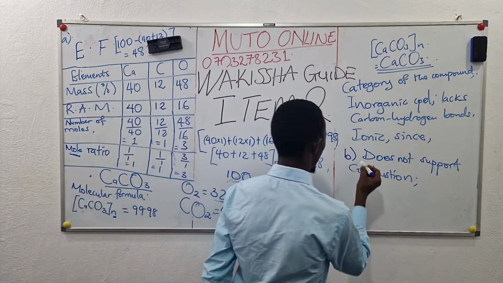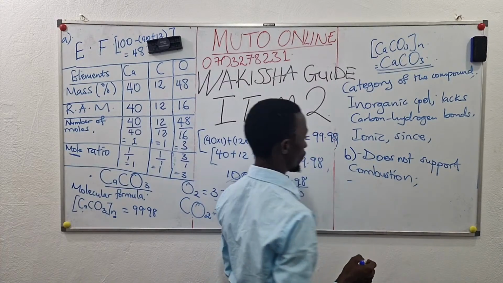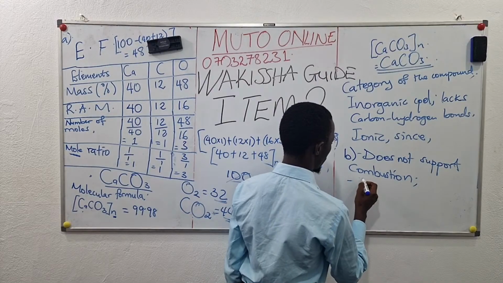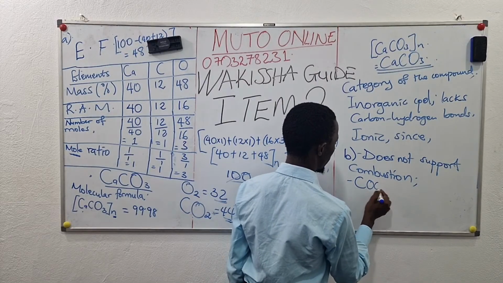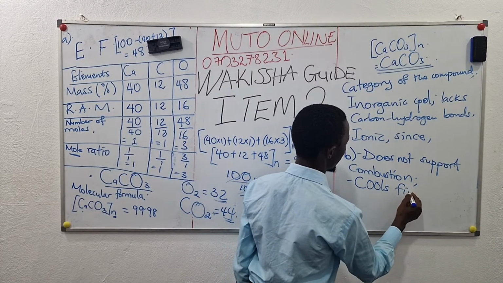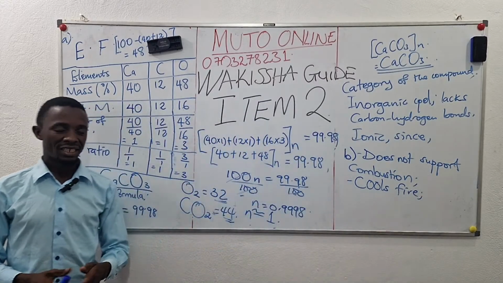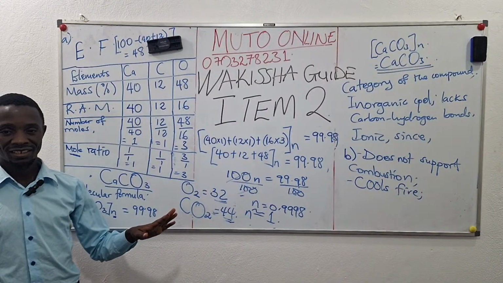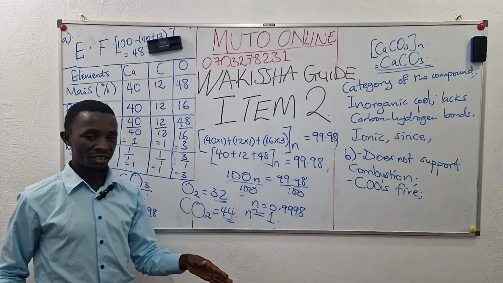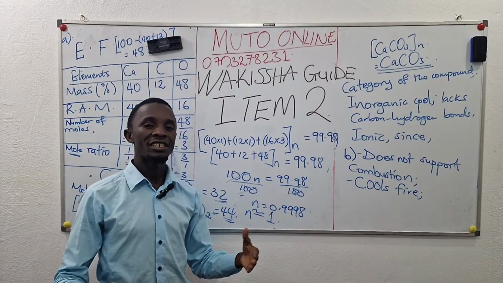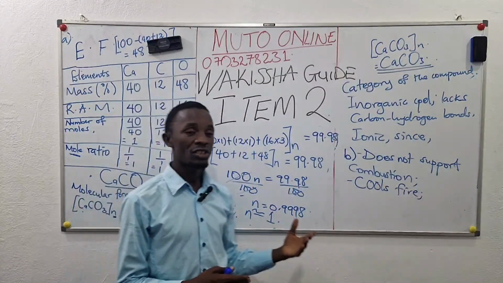Another property that makes carbon dioxide a suitable gas for putting out fire is that it cools fire. Members, carbon dioxide has a property of expanding quickly when exposed to heat.